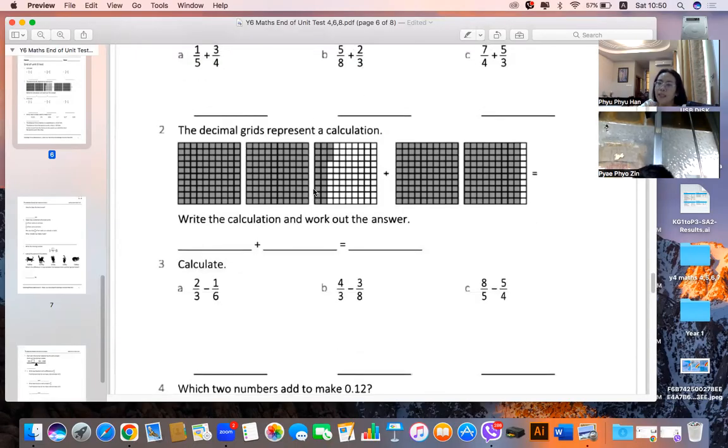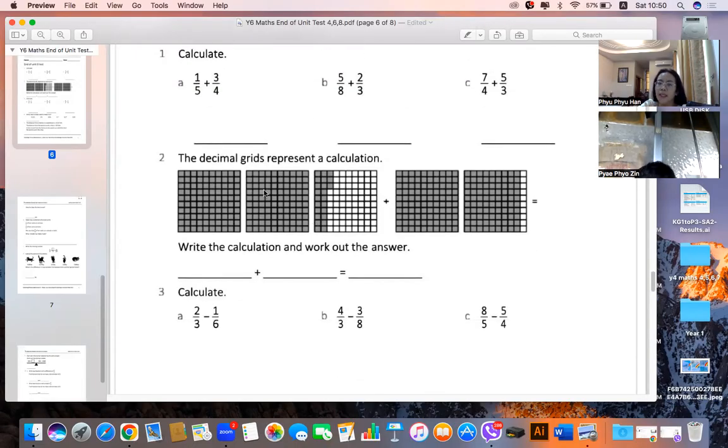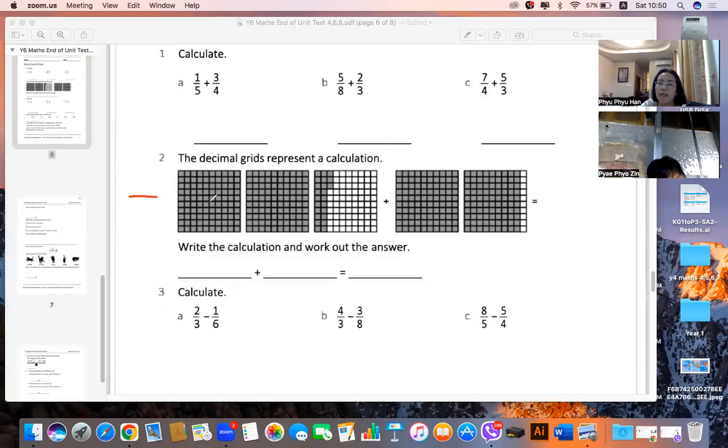The second thing is when we see decimal grids, we must be able to change them into decimal format. How do we change? When you see a hundredths grid, you divide by 100.